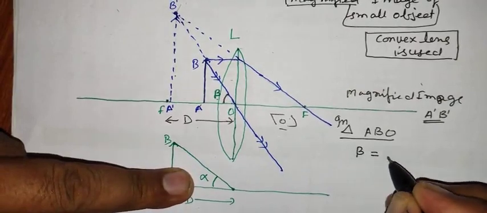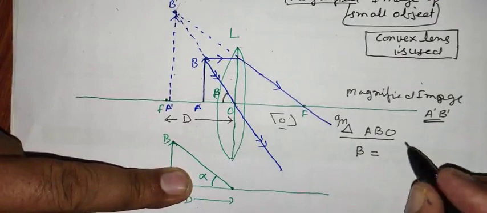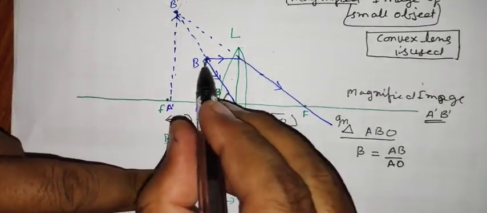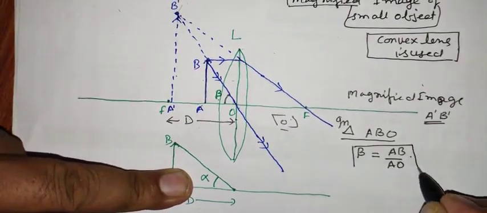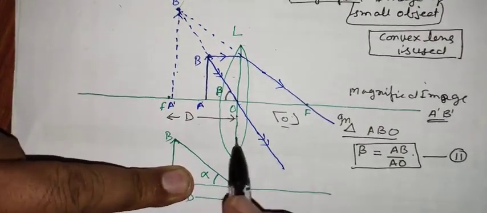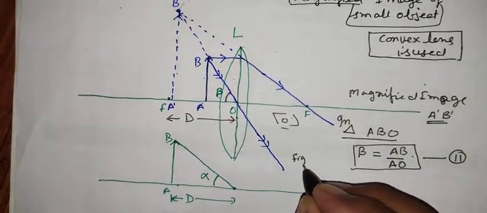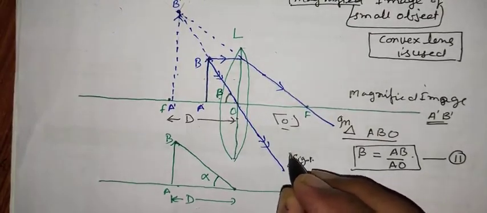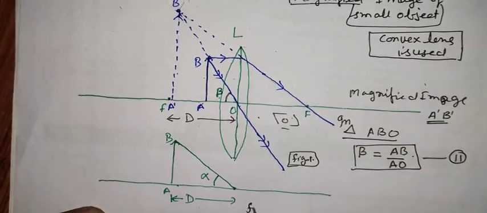We are going to obtain tan beta, which is perpendicular by base, AB by AO. Represent it as equation number 2. This equation 2 is obtained from figure number 1 here. Now see in figure 2.